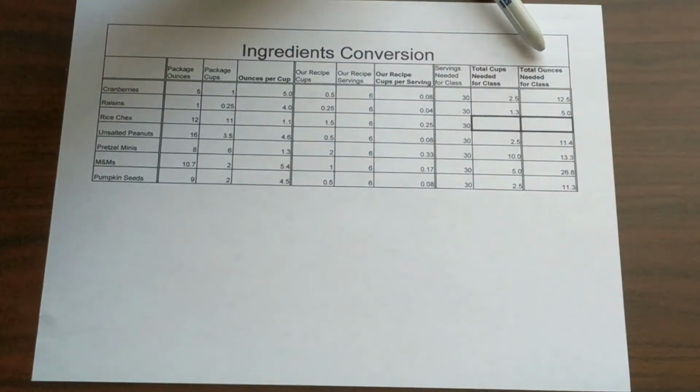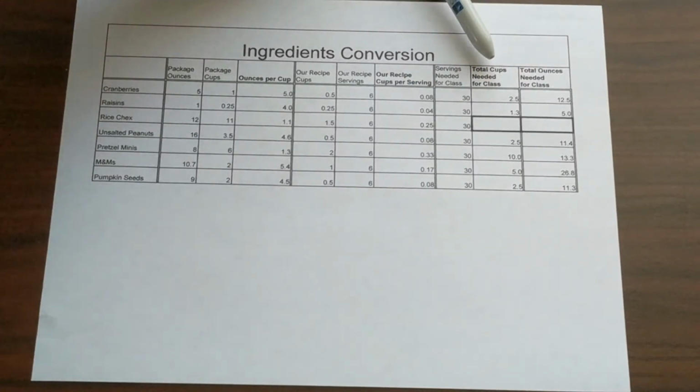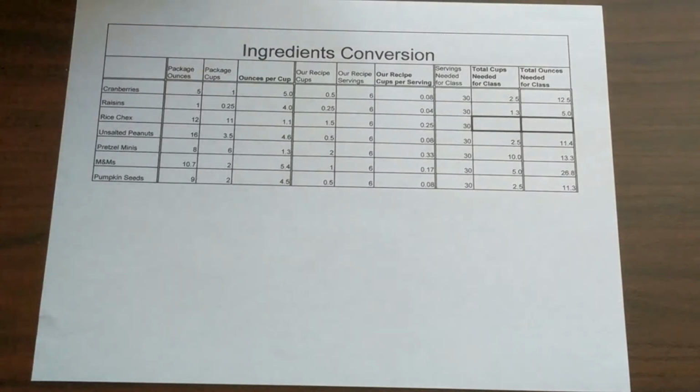And then in this column, since we have to buy things by ounces rather than cups, we have to have a way to convert cups into ounces. And we've done that over here. We said that this is the number of ounces that every cup is for every one of these ingredients.